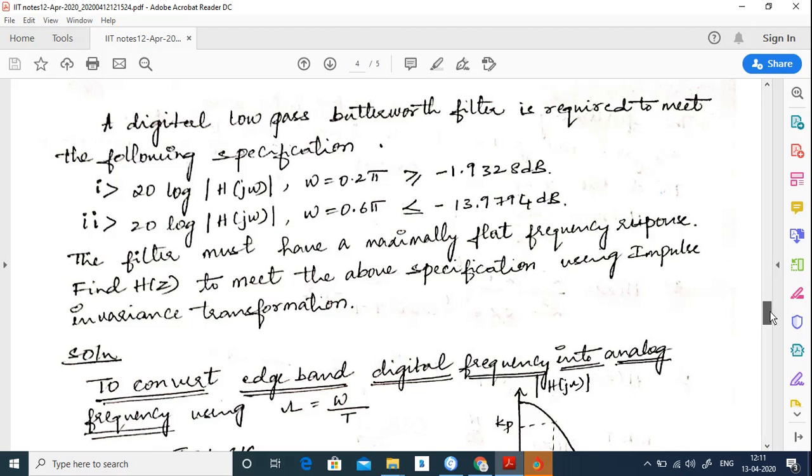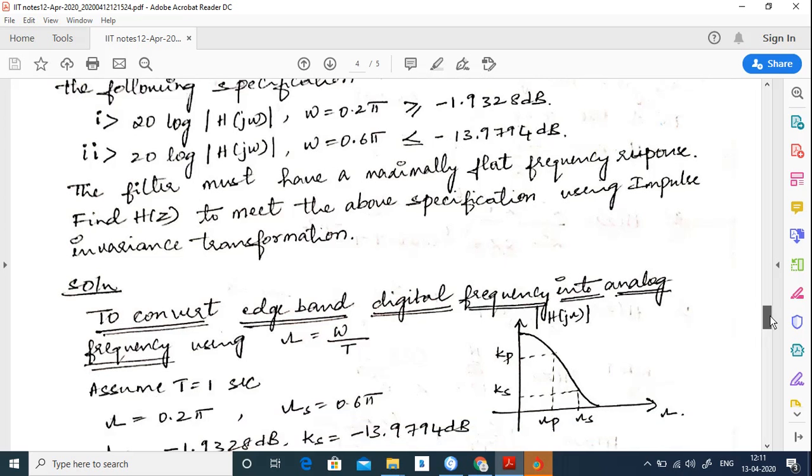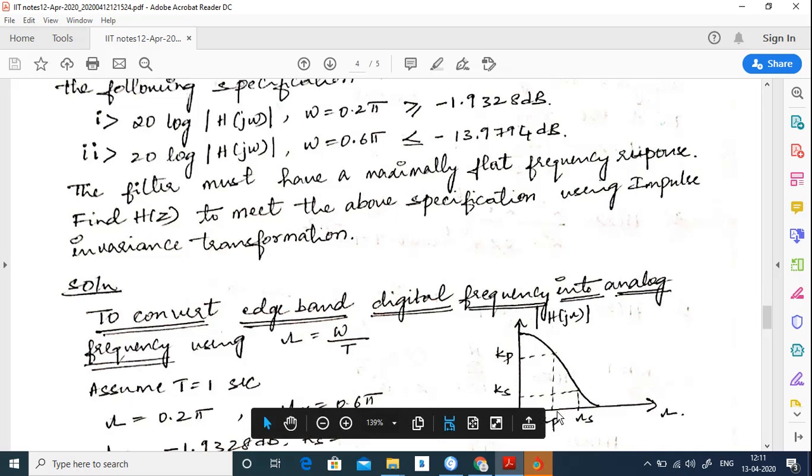Okay, we'll try to understand the specification that has been given. See here, omega is equal to 0.2 pi for all the values greater than or equal to minus 1.9328 dB. See here, if I assume that value here, that is 0.2 pi, so obviously other value is more than that, right?